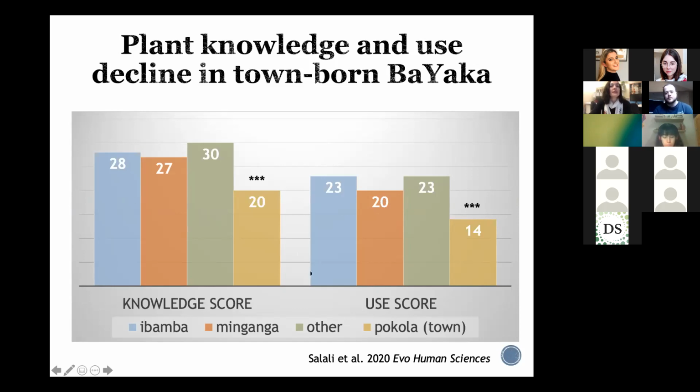Pokola is the camp located in the town, and as you can see, both for knowledge score and use score, the BaYaka who were born and raised in town had lower plant knowledge and use compared to the BaYaka who were born in forest camps.